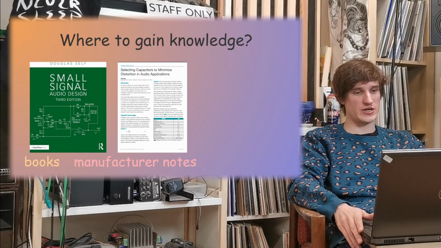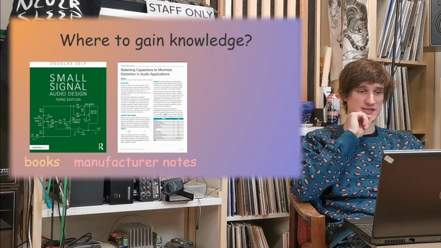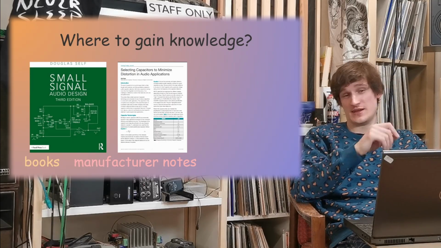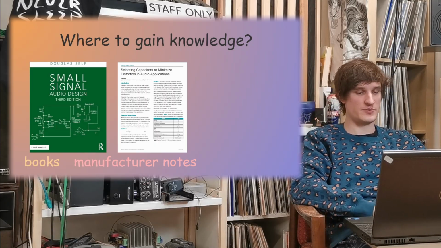For example, here I showed you the document that is called Selecting Capacitors to Minimize Distortion in Audio Applications. Perfect title to just read and dig deeper into this topic.